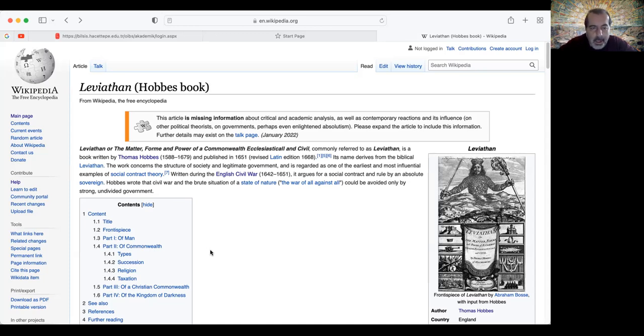This is a story, not necessarily a historical one. This is a fictional story, but the idea is clear enough. The state is necessary for a society in which everyone is acting in a self-interested way. It is an evil, but also necessary.